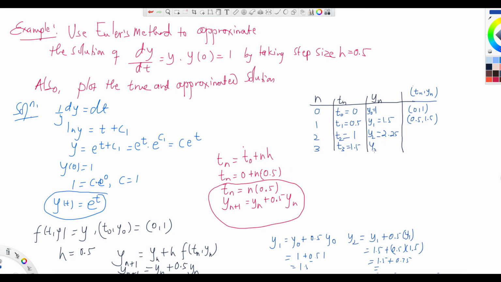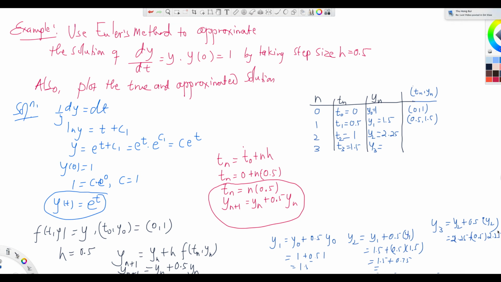And then y3 will be how much? y3 is y2 plus 0.5 times y2, that will be 2.25 plus 0.5 times 2.25.